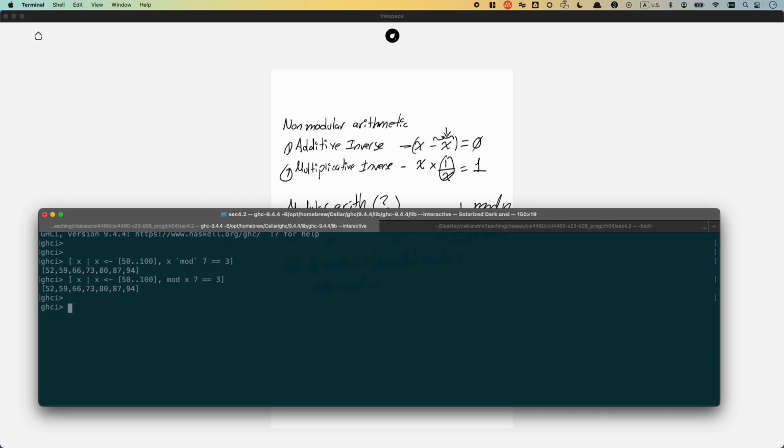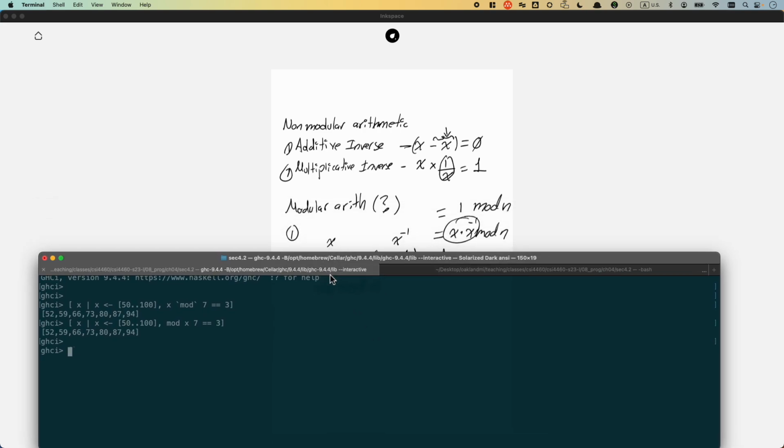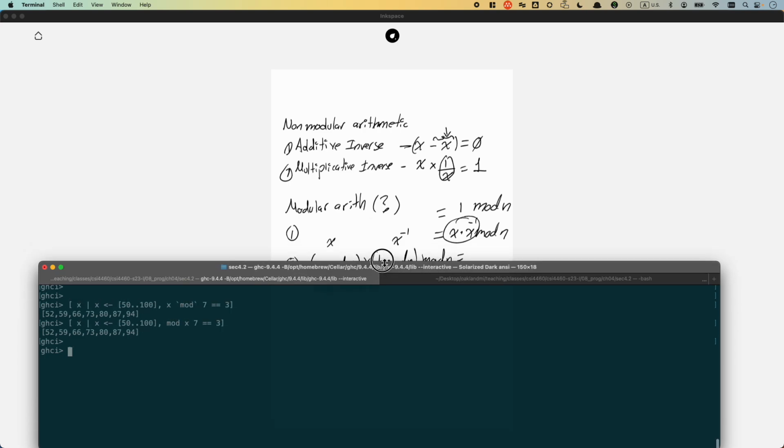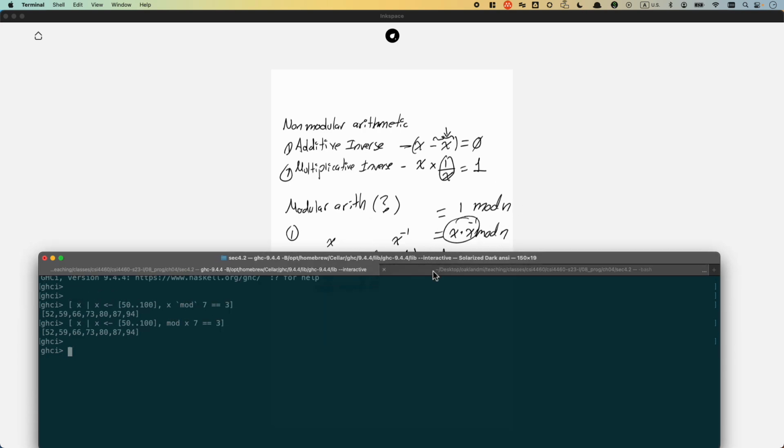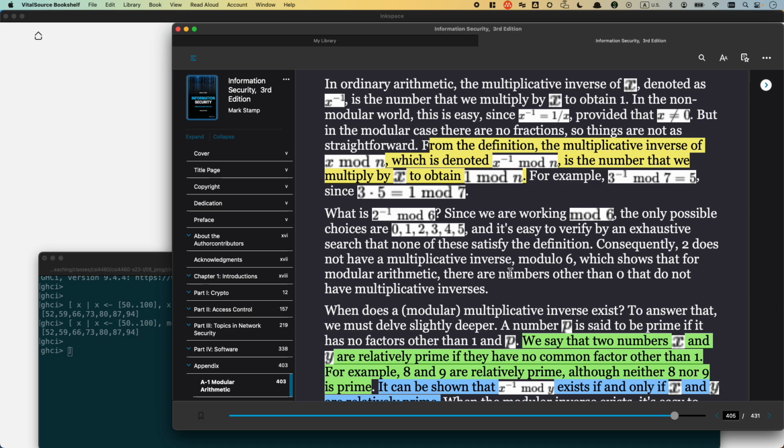So here we can say, let's imagine that we're looking for an arithmetic. Oh, I think I can stretch this a little bit so you can see. Okay, perfect. This is what we're trying to figure out. So imagine that we search for the example from the textbook.